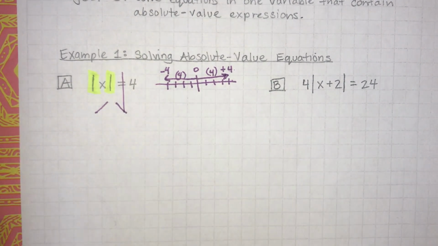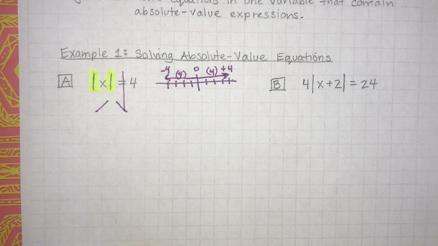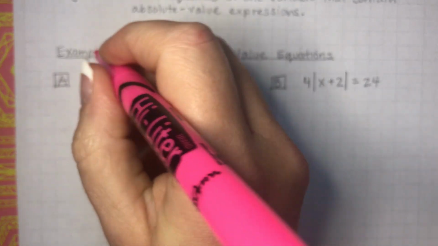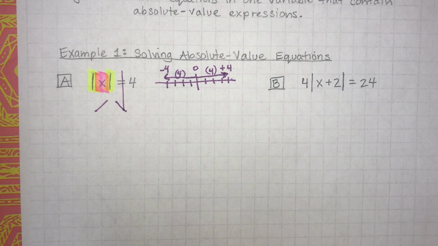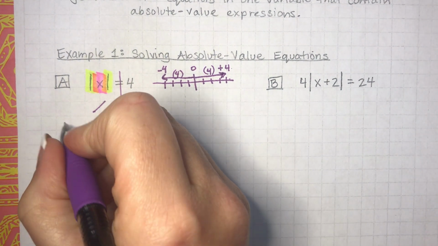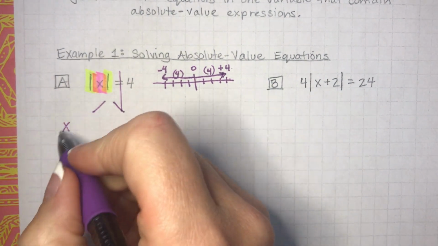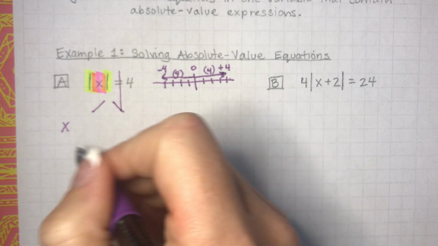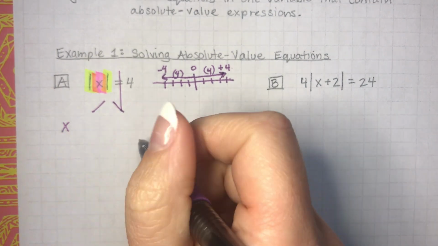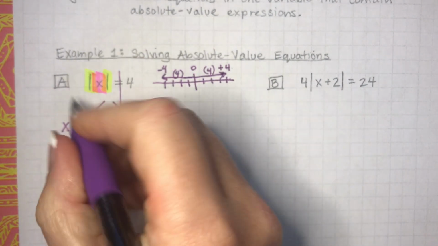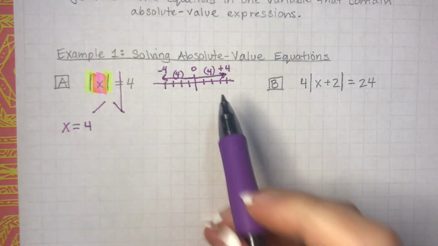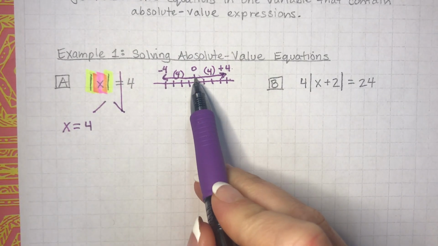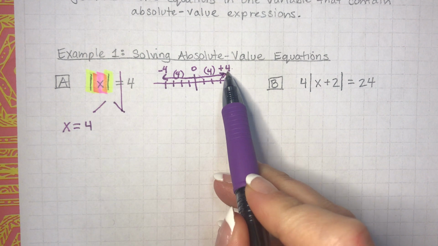So we split it in 2. Now we always leave what's inside those absolute value symbols exactly the same. So we have x, and once we split it in 2, we drop the absolute value symbols. So we no longer have the absolute value symbols. So we have x equals 4, and that is representing the positive 4 here, right?